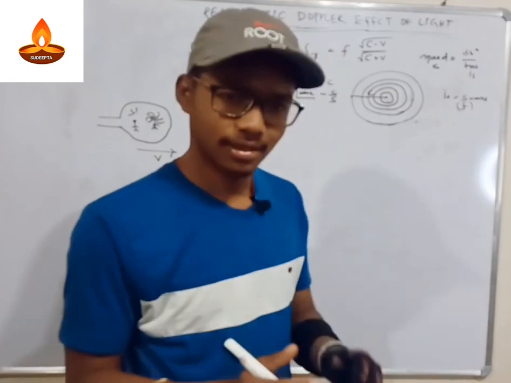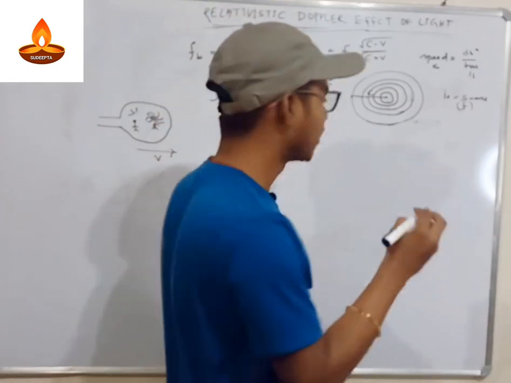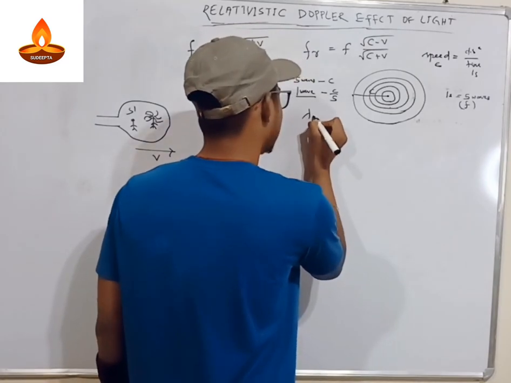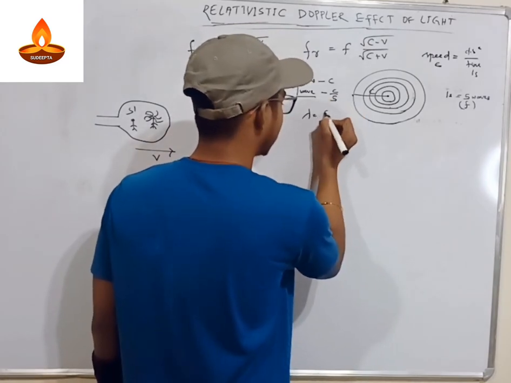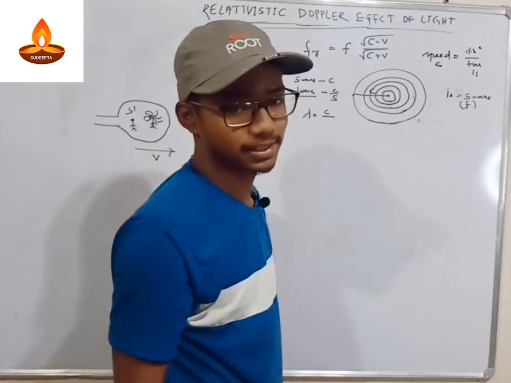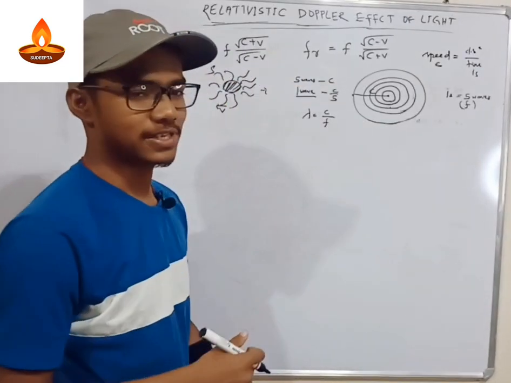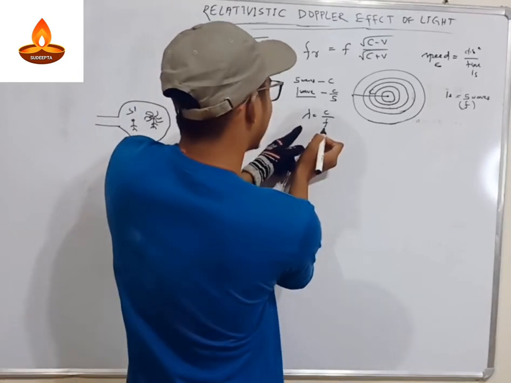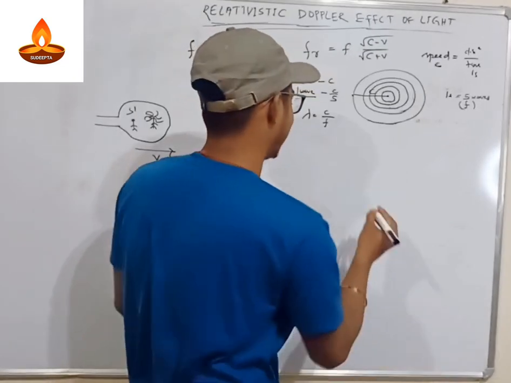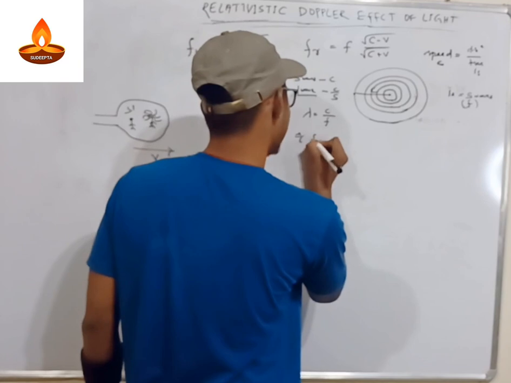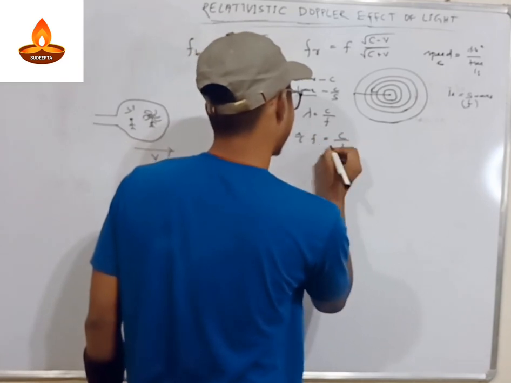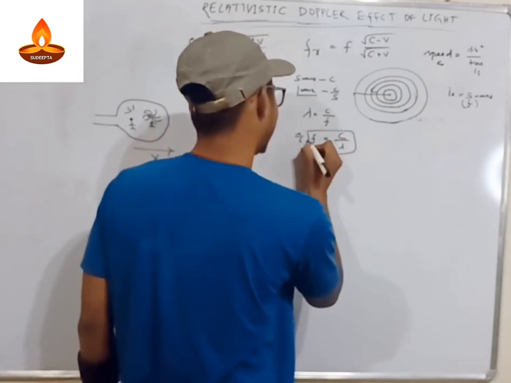We all know, and it is symbolized by the Greek letter lambda. So lambda is equal to c upon 5. What is 5? 5 is the frequency. So lambda is equal to c upon the frequency. In the same way, the frequency is equal to c upon lambda. Okay. So this is the equation, we got it.